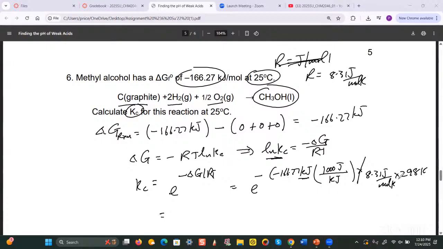I'm going to work out this part here first. 166.27 times 1,000 divided by 8.31 divided by 298.